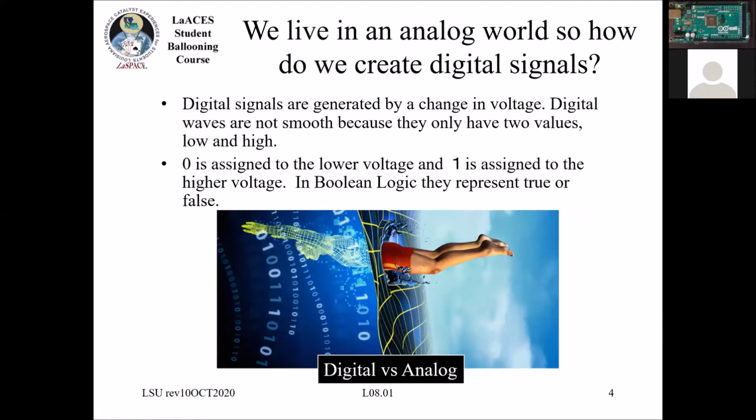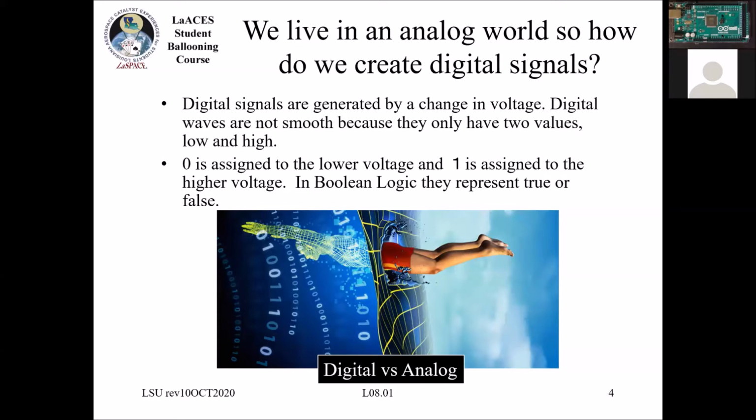So obviously the real world is not digital. Most things are going to vary continuously. So how do we change digital signals from that? Well, that's why we have binary values, right? We already saw during the programming introduction, you can represent numbers with a bunch of binary digits.